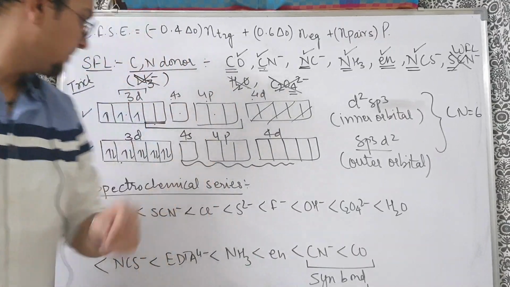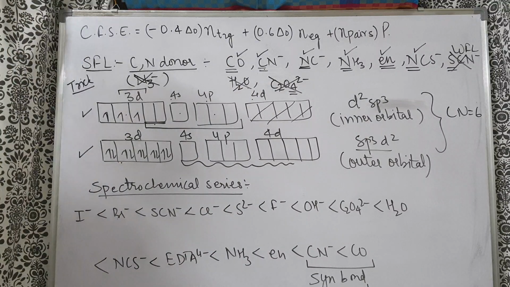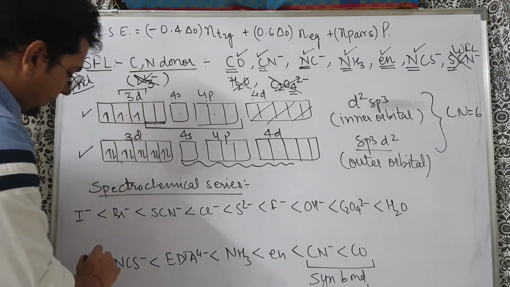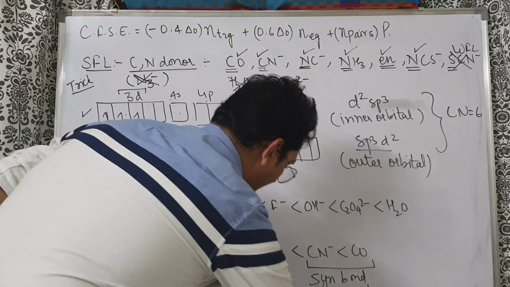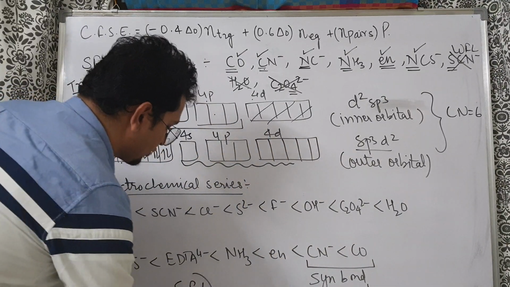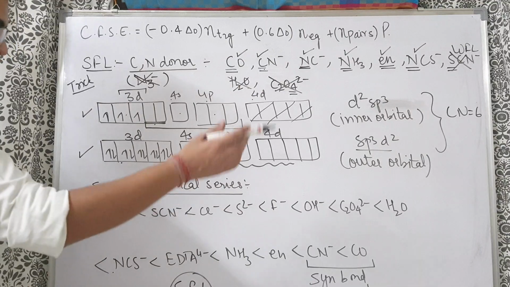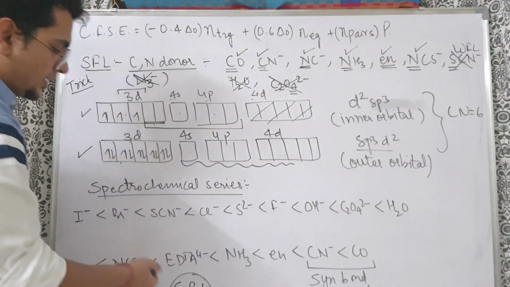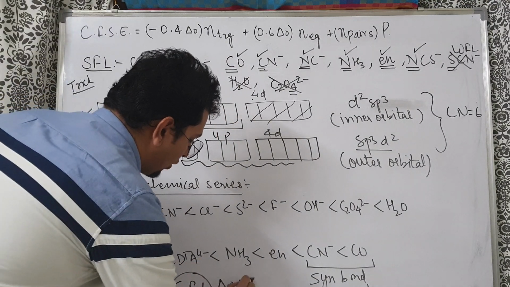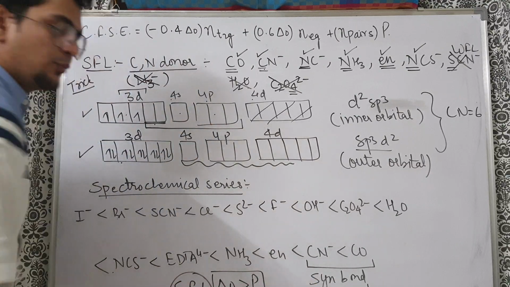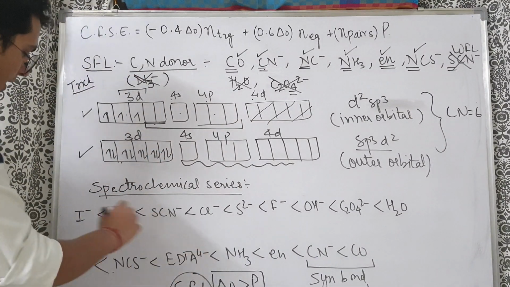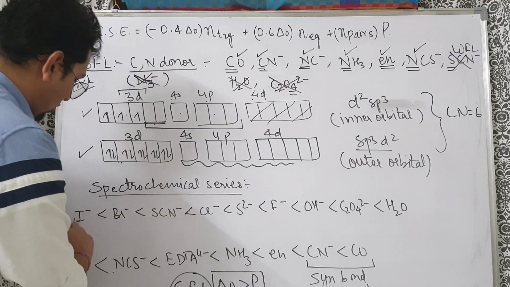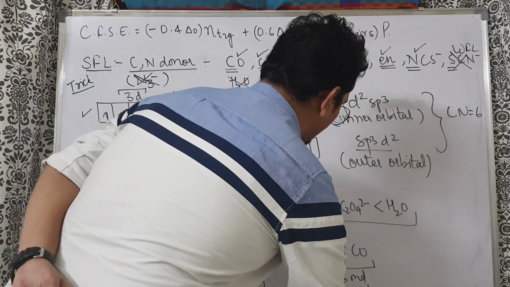Now going ahead, this is our spectrochemical series here. From here onwards till the last, these are considered strong field ligands, and I hope you understand that strong field ligand means delta O is more than P, delta O is more than the pairing energy, as we discussed in the previous slide. Here in this case, these are all weak field ligands.